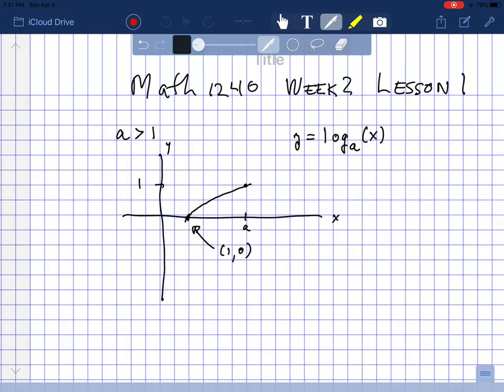So we have a curve that goes through these 2 points, and as the values of x approach 0, getting closer and closer to 0, the values of y, which are equal to the log base a of x, approach minus infinity. So we have an asymptote along the y-axis in the negative direction.